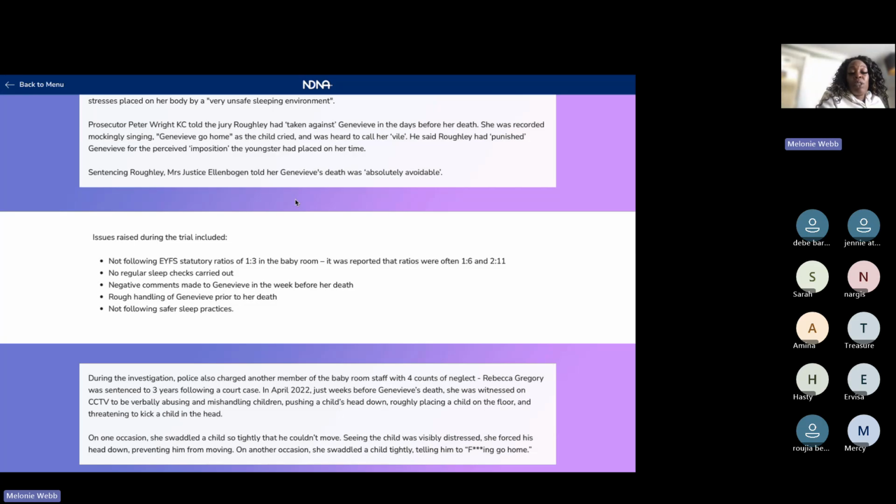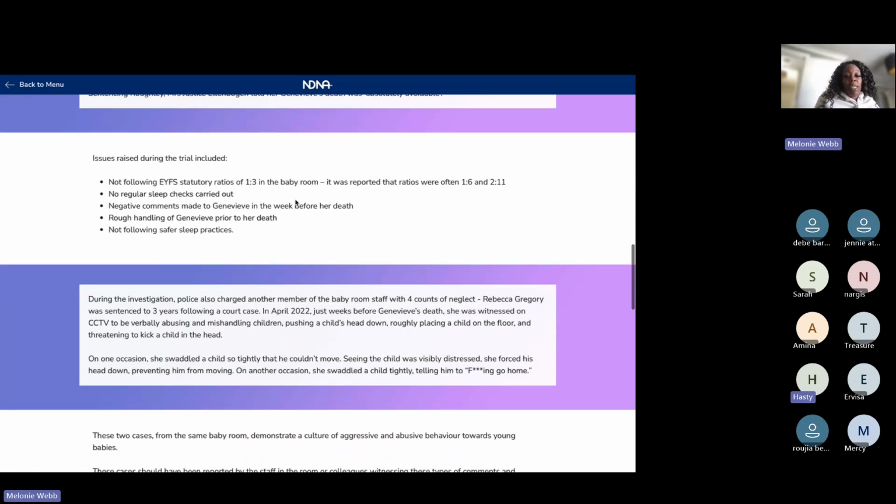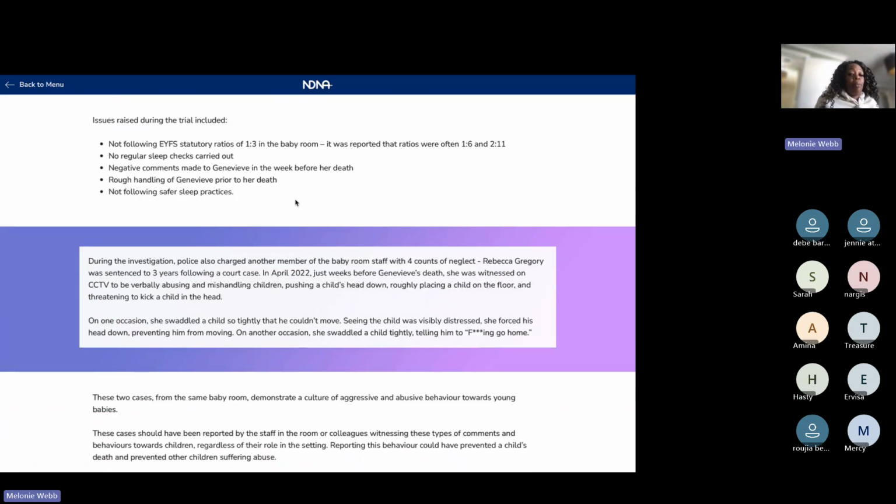On one occasion, she swaddled a child so tightly he couldn't move. Seeing the child was visibly distressed, she forced his head down, preventing him from moving. On another occasion, she swaddled a child tightly, telling him to effing go home.